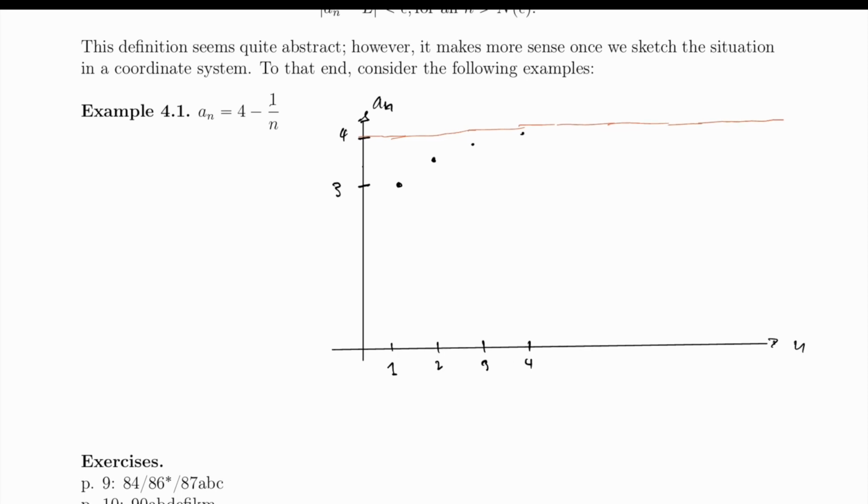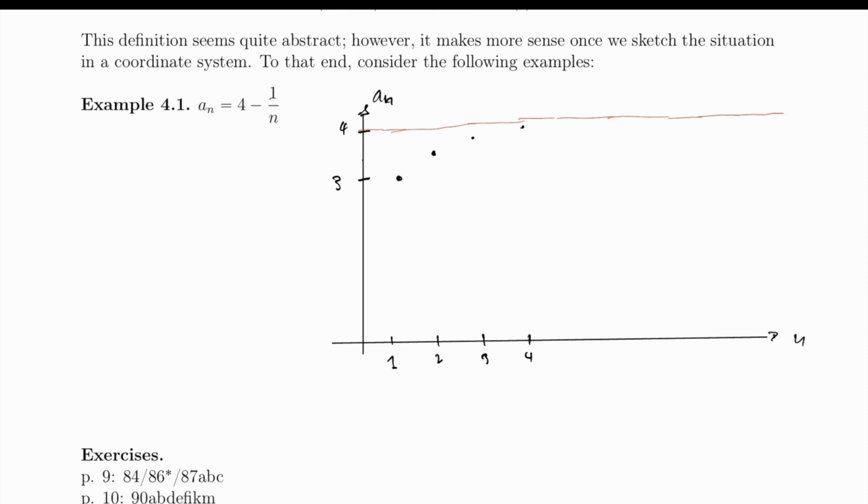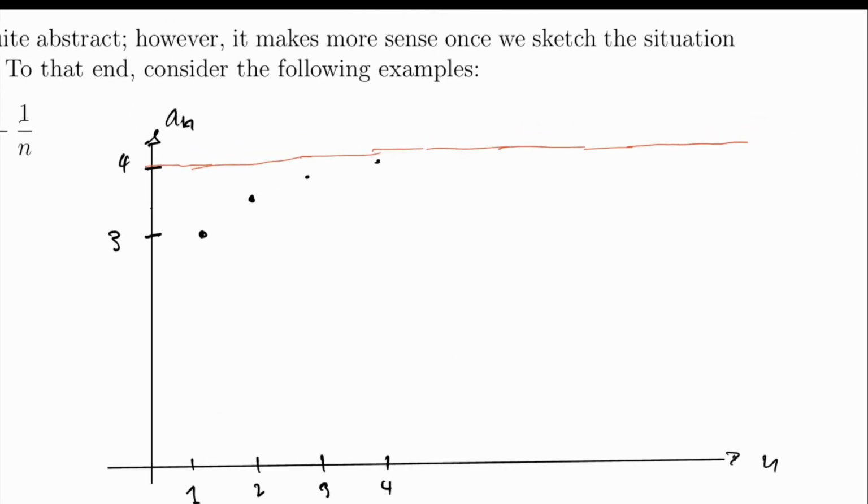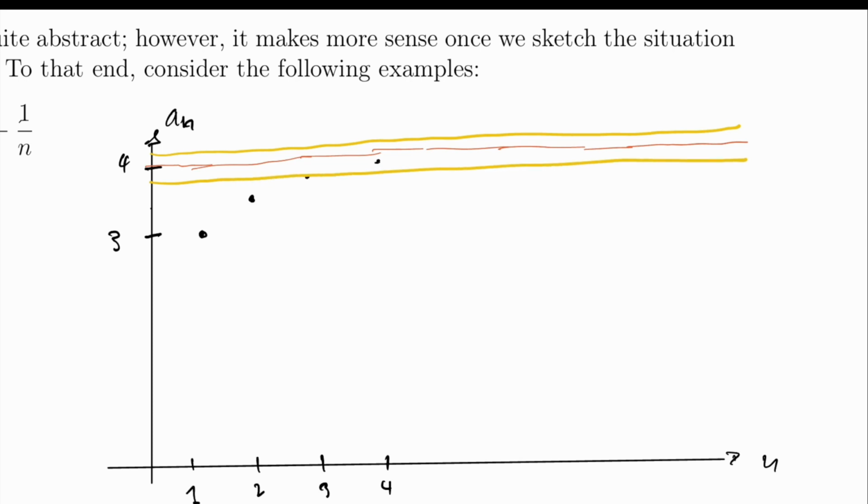But mathematically, what happens is that you put a band around this limit, or what we think is the limit. This is the so-called epsilon band. Here I go epsilon down, and here I go epsilon up, and then you have a band of epsilon in each direction.